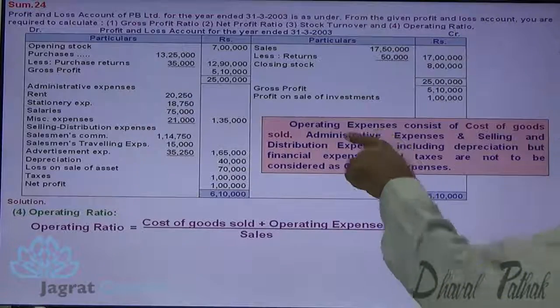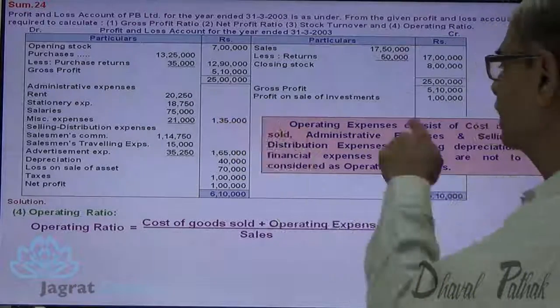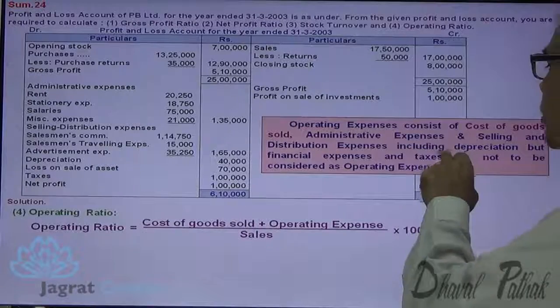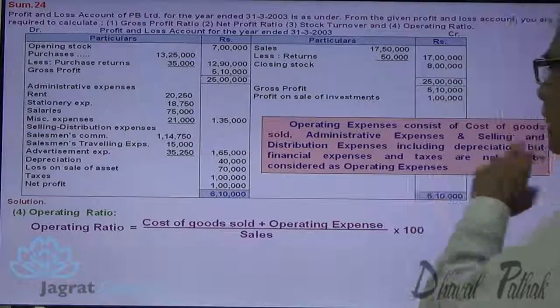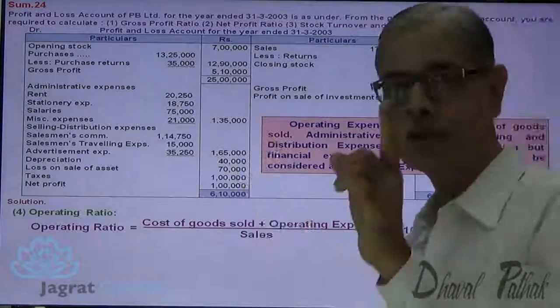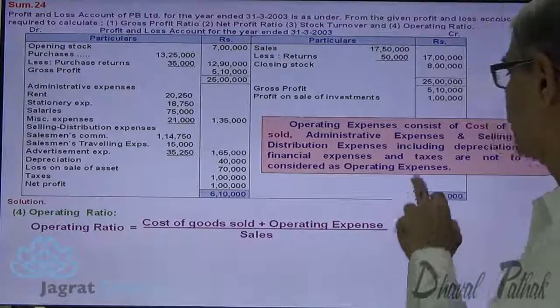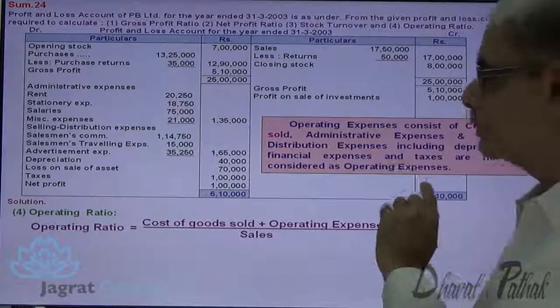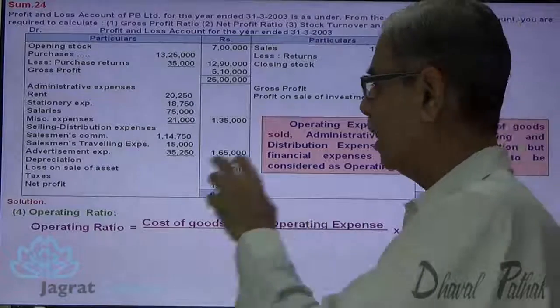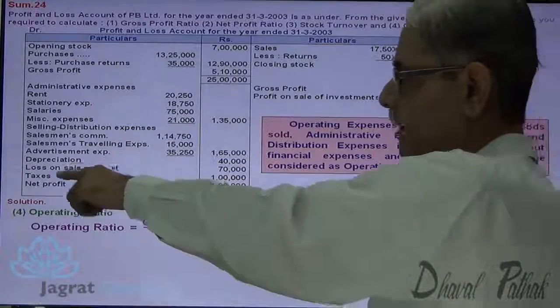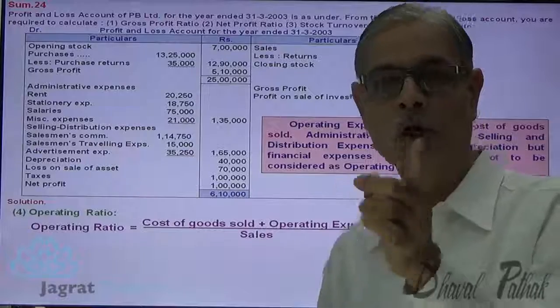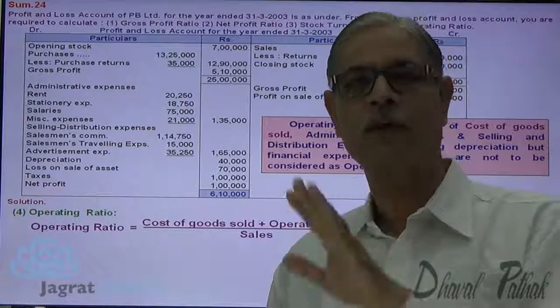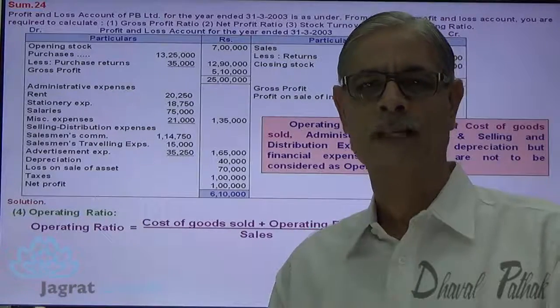Operating expenses: administrative expenses 1,35,000, selling and distribution expenses 1,65,000, including depreciation. So depreciation is also to be considered, but financial expenses and taxes are not to be considered. Non-operating losses debited to profit and loss account are also not to be considered in operating expenses.